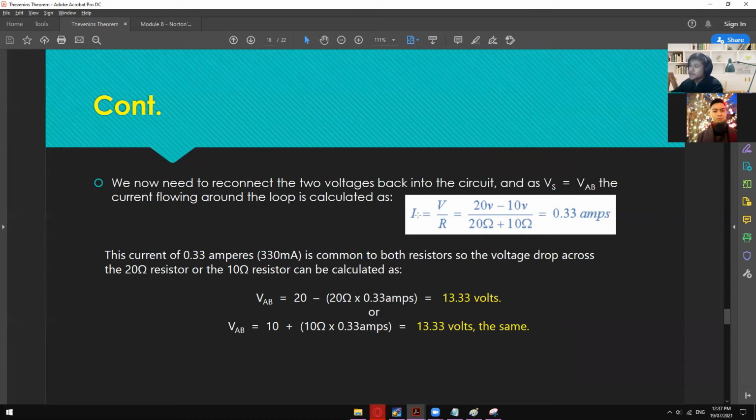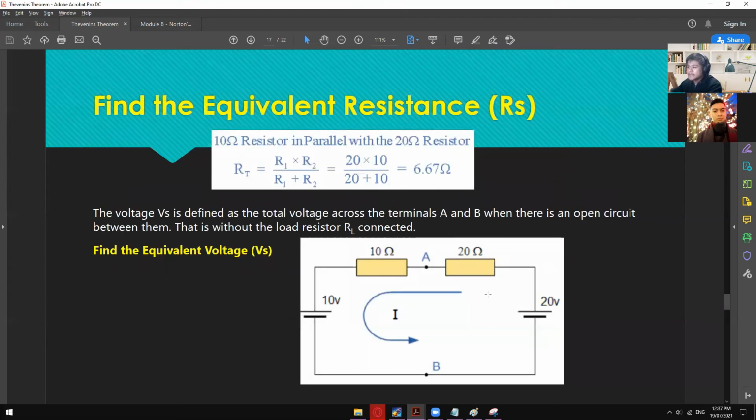So I is equal to V divided by R, wherein he just got the polarity. This one is a lot easier, since as you can see, we've just assumed that this is the correct polarity since we have a higher voltage source on the right side. So it's flowing from right to left.